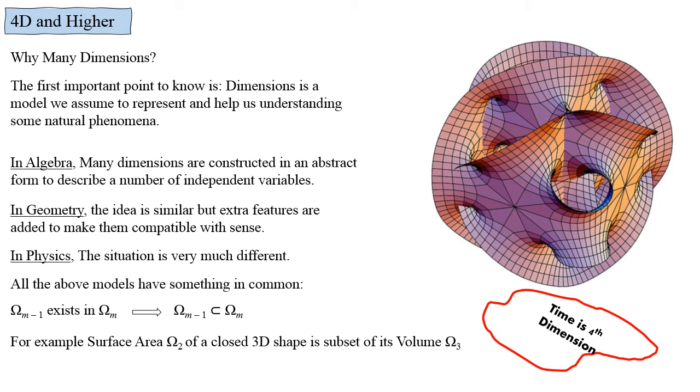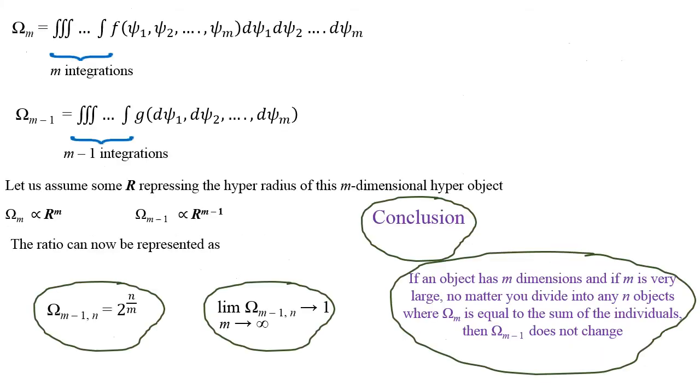For instance, here like the sigma or omega 2, and this omega 2 of a closed 3D shape is part of or exists in omega 3. Omega m can be given by this formula for any shape, or omega m minus 1 can be given by this formula.